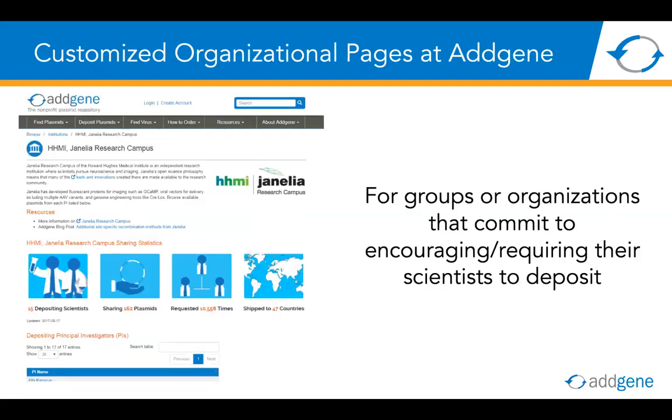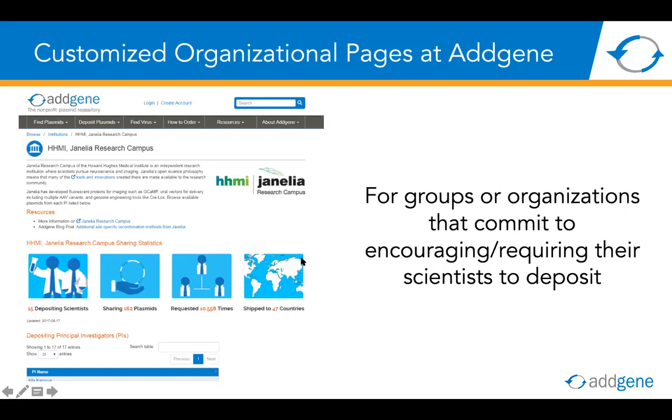But we do also have customized organizational pages at Addgene. In this image, you can see that this page is more customized. It has an introductory paragraph in the beginning, and also has links to relevant pages. And then it also has customized stats about the organization.